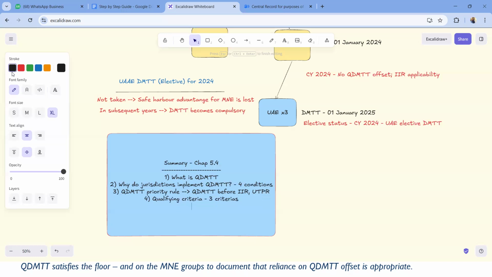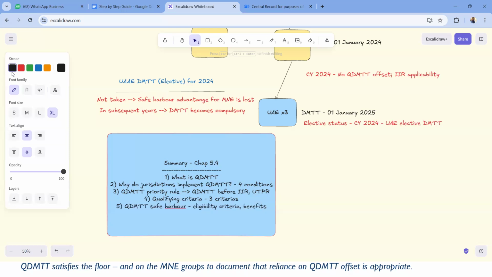Then we learned what the QDMTT safe harbor is. The QDMTT safe harbor applies only if you are listed on the central record. Then we learned about the eligibility criteria and also the benefits.